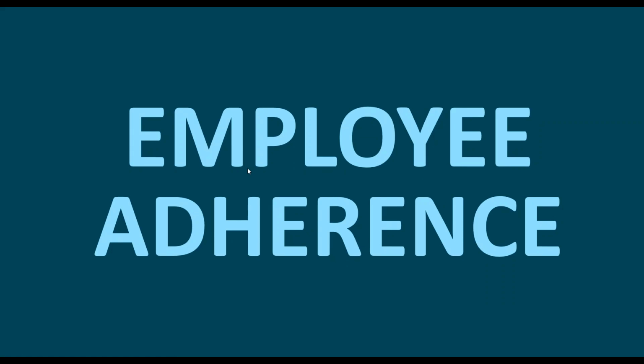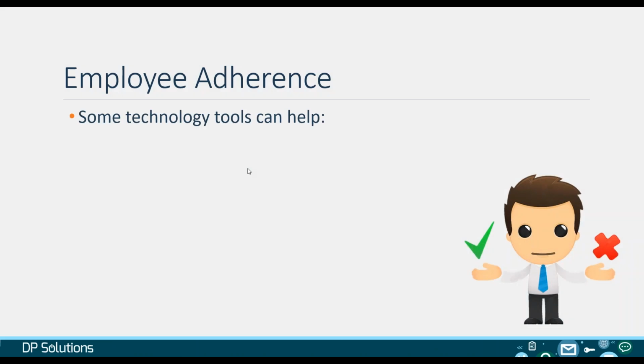Employee adherence. Some tech tools can help. Again, mobile device management makes personal device management easy. Data loss prevention is the type of tool that says, a good example is Office 365. For certain subscriptions, you can say anything with a social security number, you can't email out. We're making it a rule, so they can't violate that policy.